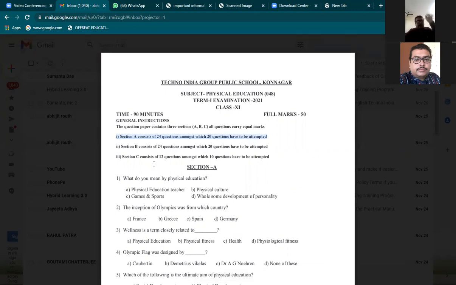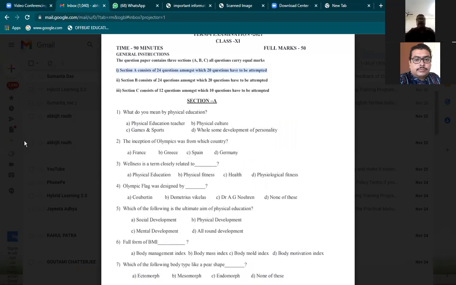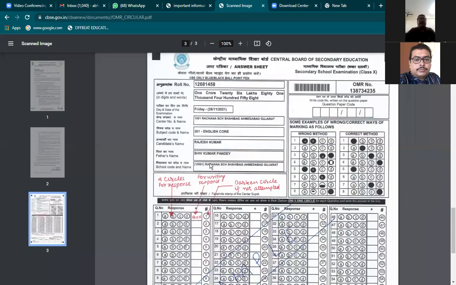That means you need to attempt 20 questions, and 4 questions should be unattempted. Very important. Otherwise, it will be a huge problem for the evaluators and others also. So you have to look at these important points and the general instructions in each question paper, which should be maintained. Now I am coming to the scanned OMR.